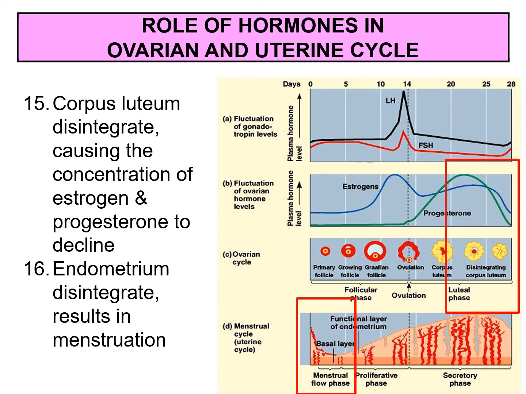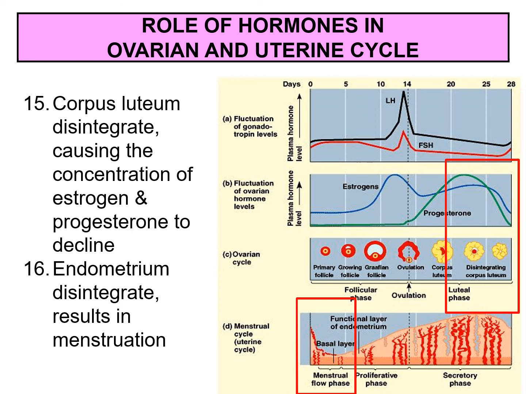The corpus luteum at the end of the ovarian cycle is the same as the beginning of the uterine cycle. Kita nampak berkaitan dia sebab apa, pada masa itu masa corpus luteum start to disintegrate, kita dah mula start untuk rasa cramping, kita sakit, kita nak period, macam orang kata PMS kan, premenstrual syndrome, kita dah mula rasa tak selesa.